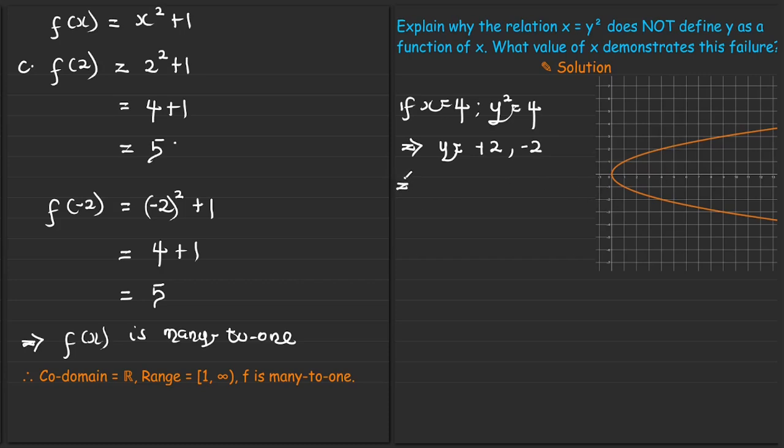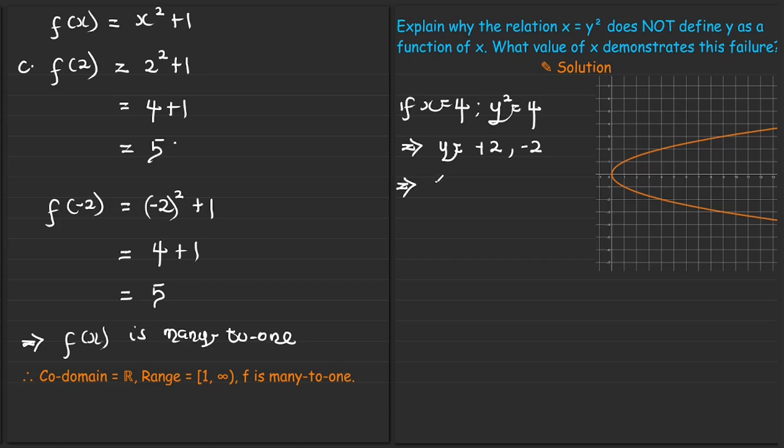And this simply implies that x equals 4 maps to 2 outputs. Hence, it violates the rule of a function. We said a function is supposed to be one to one or many to one.